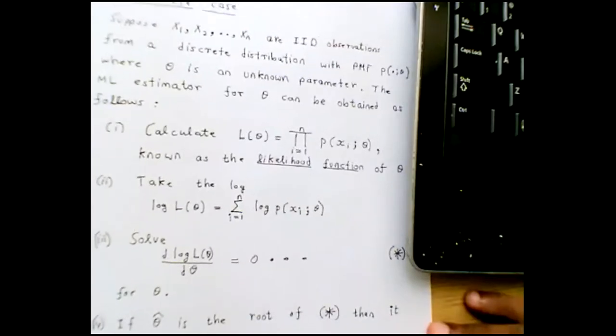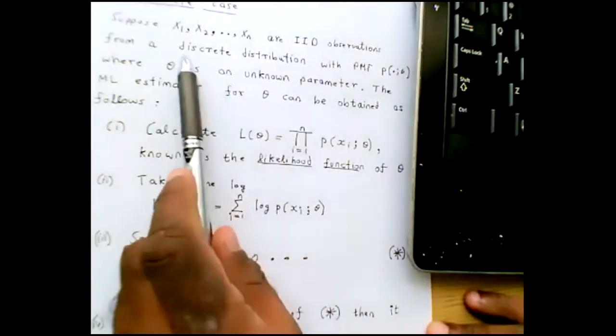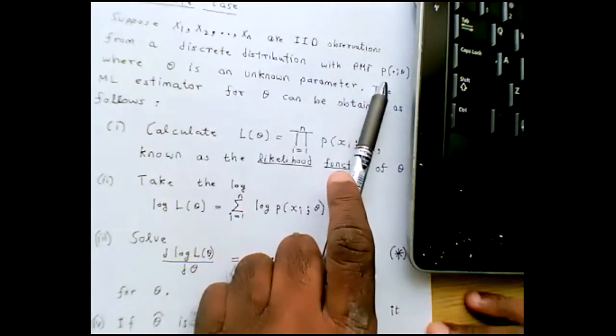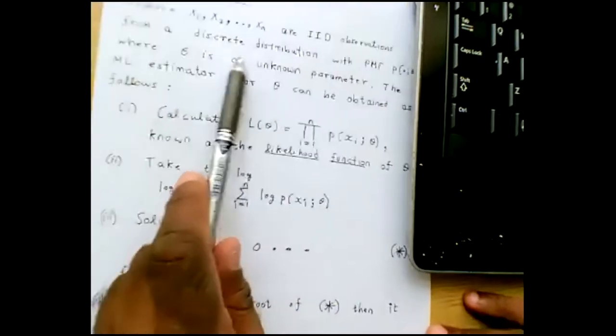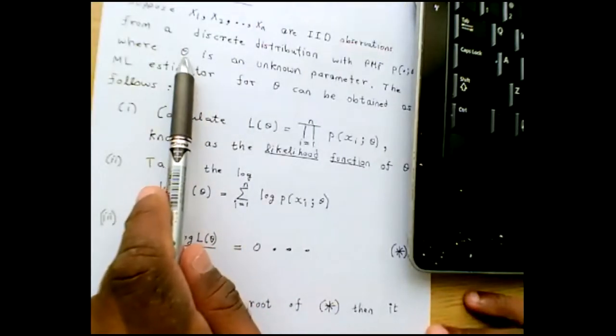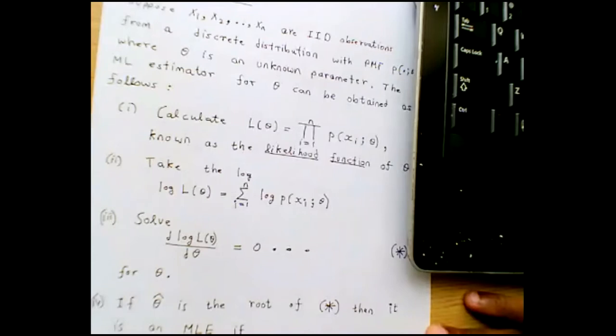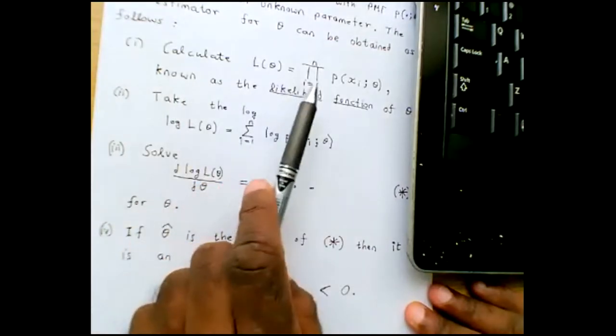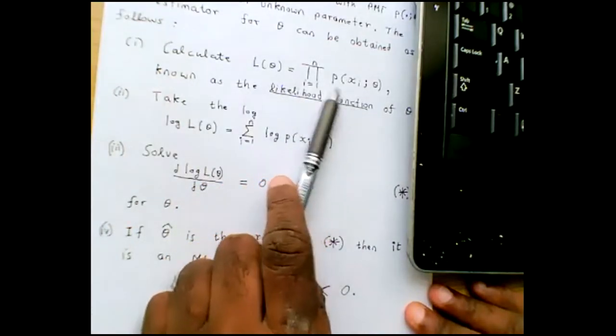Now for discrete data, the only difference is that the IID data come from a PMF, the probability mass function, not a PDF, again parameterized by theta, the parameter you want to estimate. The steps are similar, with the PDF replaced by the PMF.